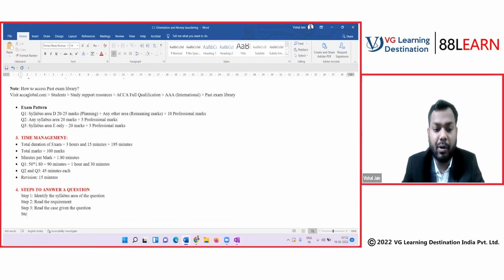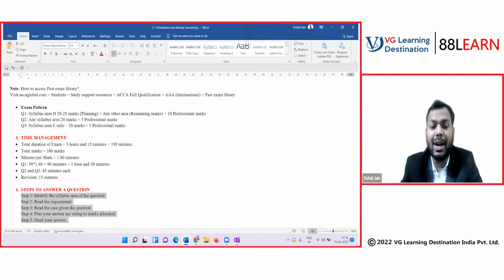Step 4, plan your answer according to the marks allocated. Step 5 is draft your answer. So these are the steps that you have to follow to write any answer for AAA questions.